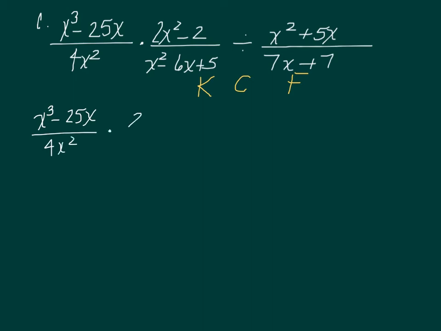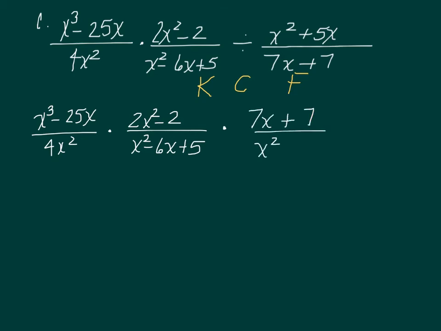I keep this fraction. And then I'm going to change this to multiplication and flip my last fraction, or multiply by the reciprocal. And now I'm going to factor each term. Everything can be factored except for this one.